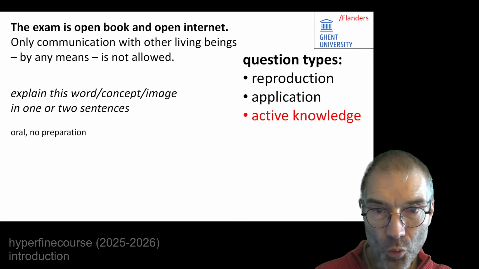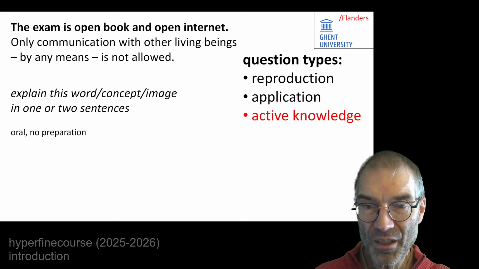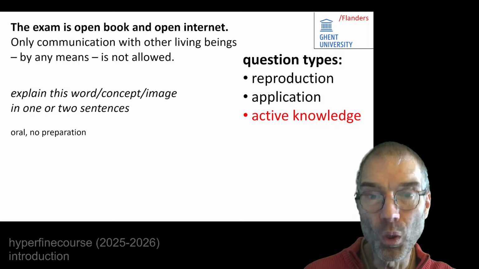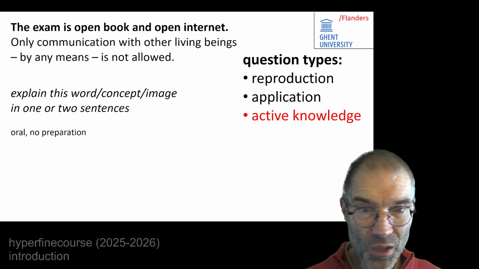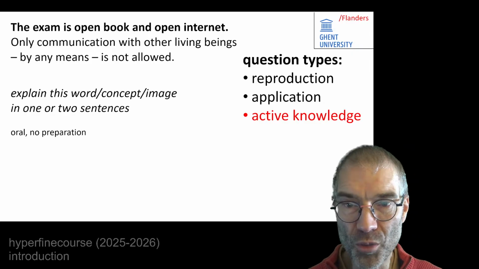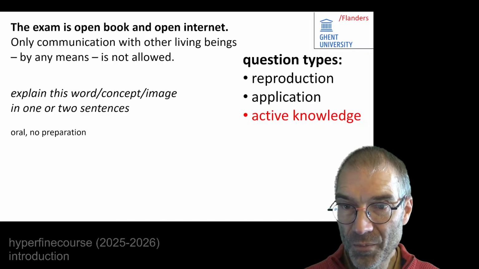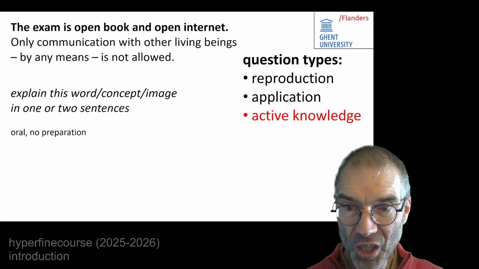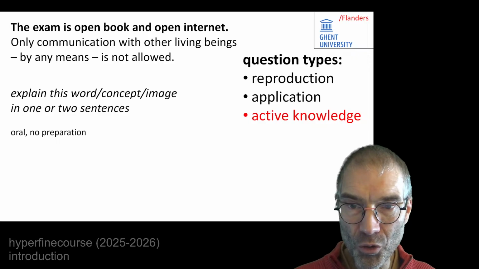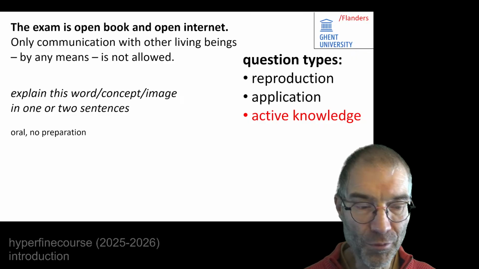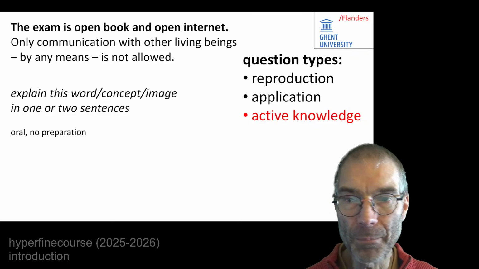And so one after the other, very fast. Answers are typically one word or one sentence. And in 2 minutes, we try to do as many of them as possible without preparation. So just to measure whether the knowledge of this course is in your active short-term memory.